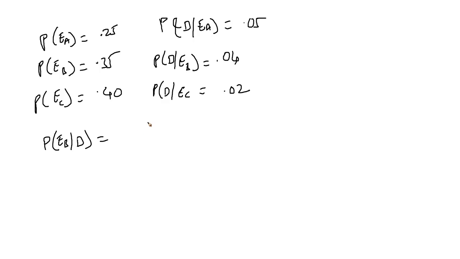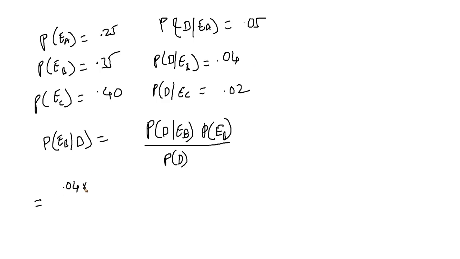This is very straightforward. You just apply the probability of D given EB times probability of EB, divided by the probability of an item being defective, right? The numerator you can substitute: it's coming from B, so 0.04 times the probability of EB, which is 0.35.